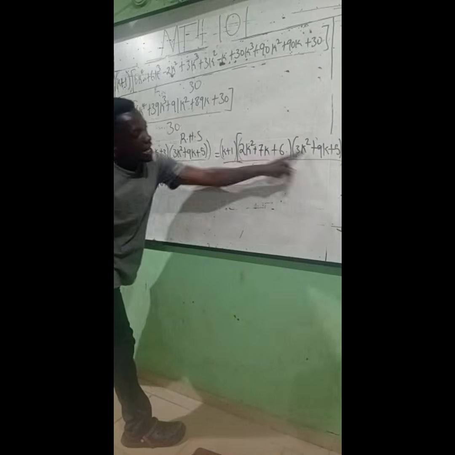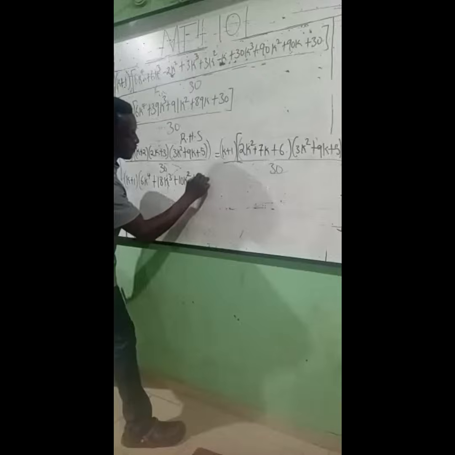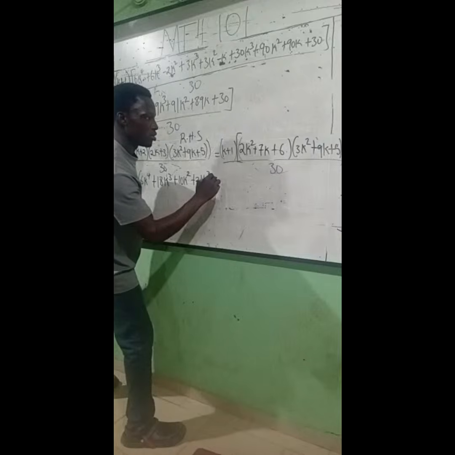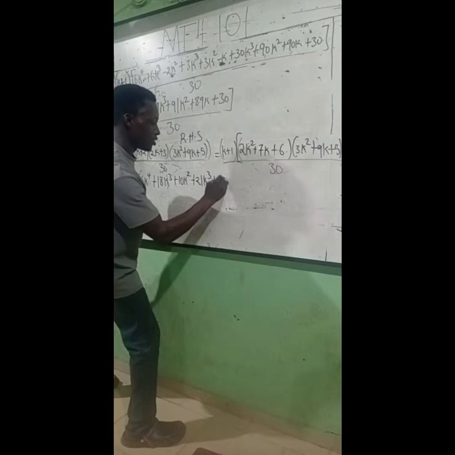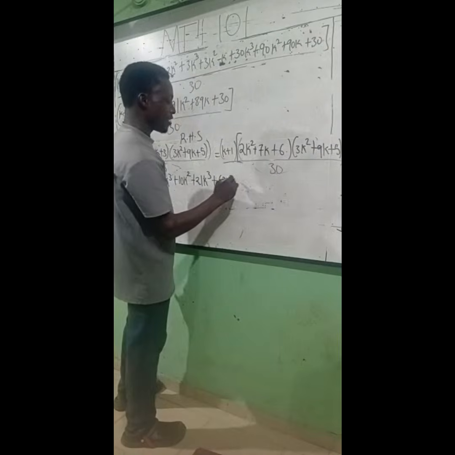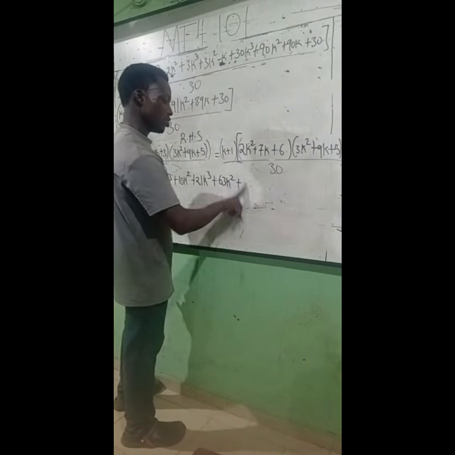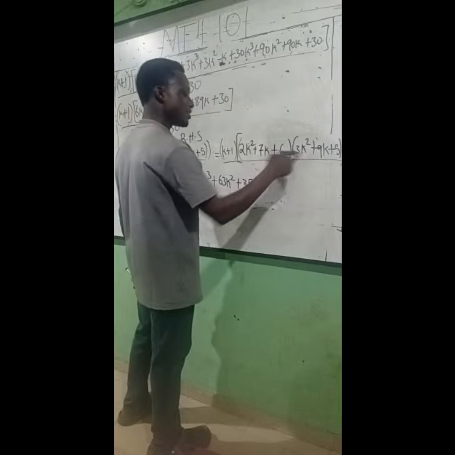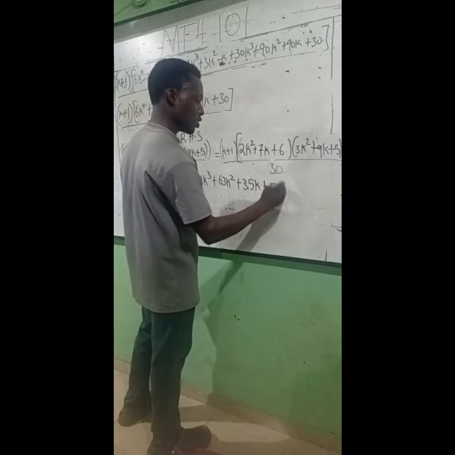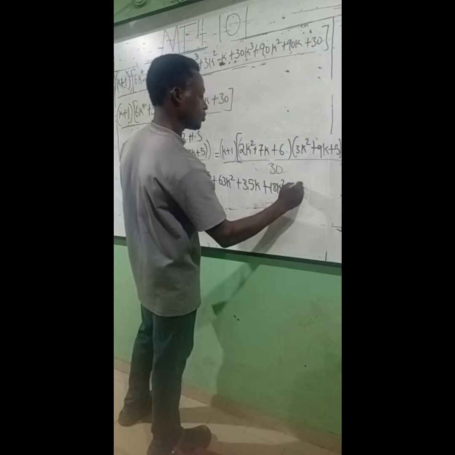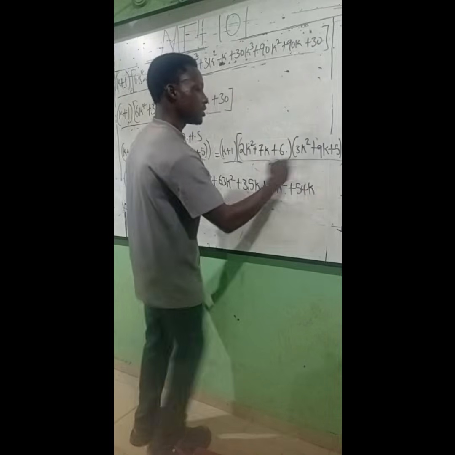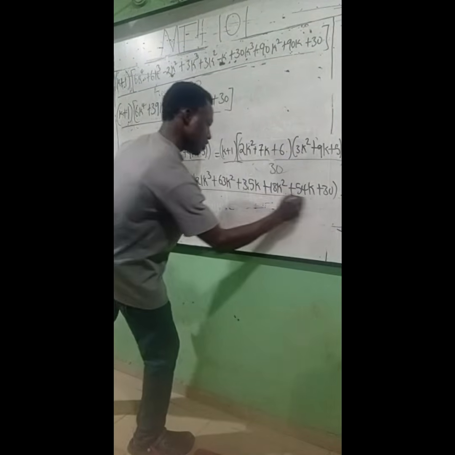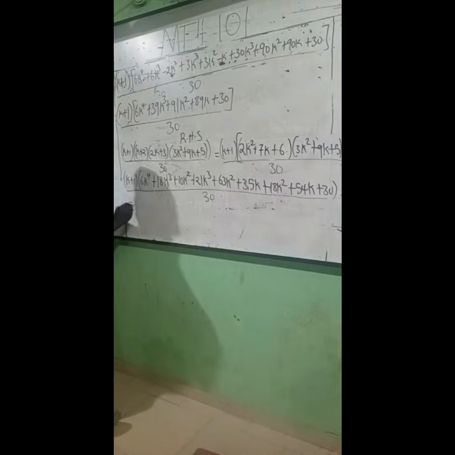Now we move to the second one. 7k times 3k squared is 21k cubed. 7k times 9k is 63k squared. 7k times 5 is 35k. Now 6 times 3k squared, 6 times 9k, 6 times 5, divided by 30.